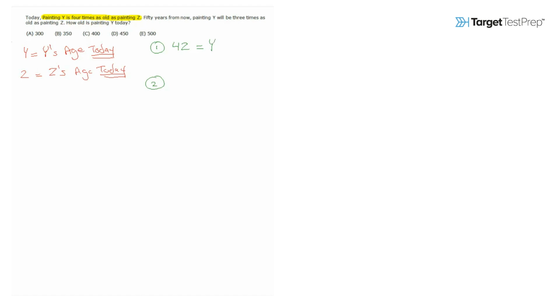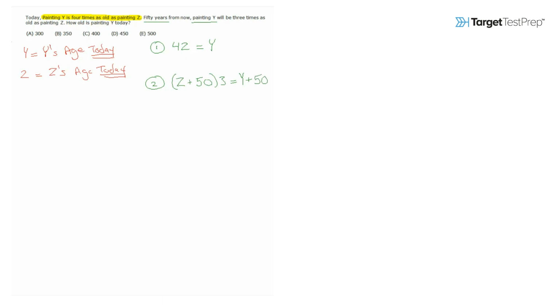Now, this is dealing with the variables in today's terms, but you can see next it says 50 years from now, painting Y will be 3 times as old as painting Z. So what we do is we add 50 years to Z, because that's the age today being Z. And since it's the smaller of the two, we have to multiply it by 3, and that's going to equal painting Y, not painting Y today, but painting Y in 50 years.